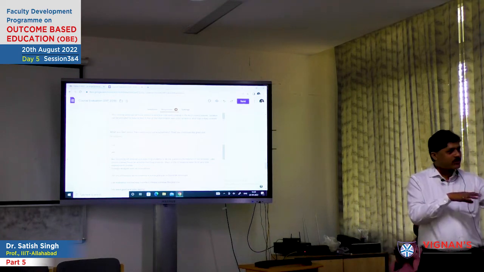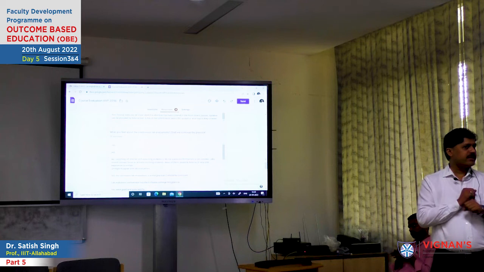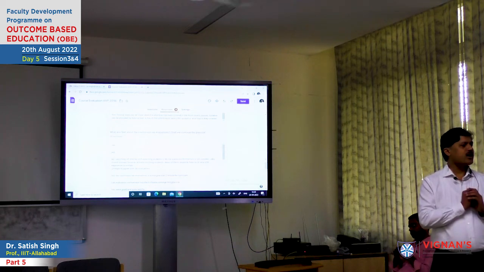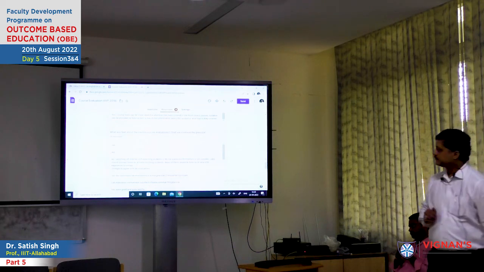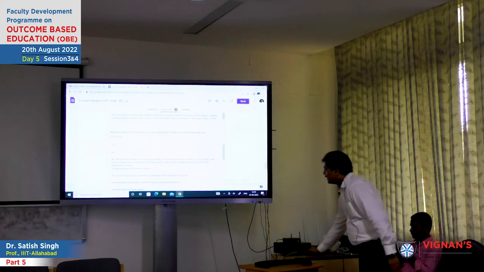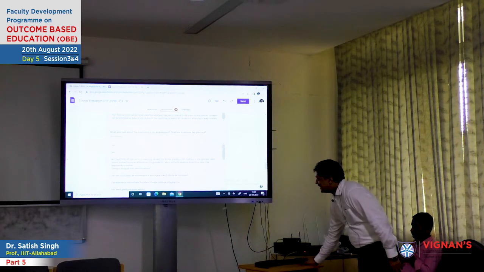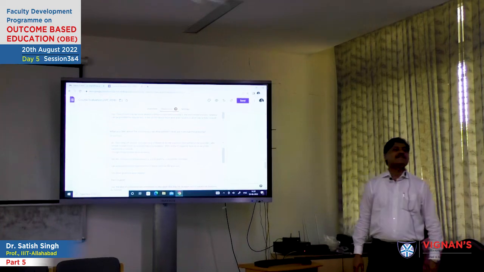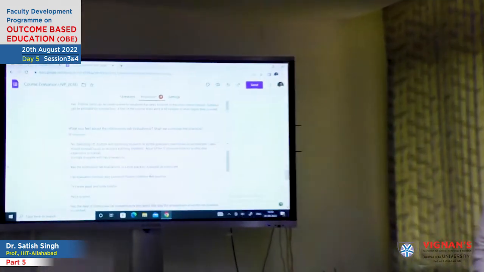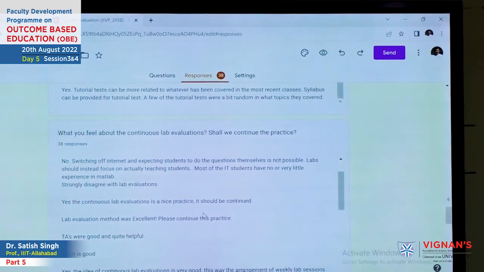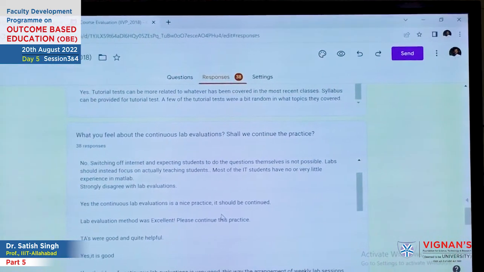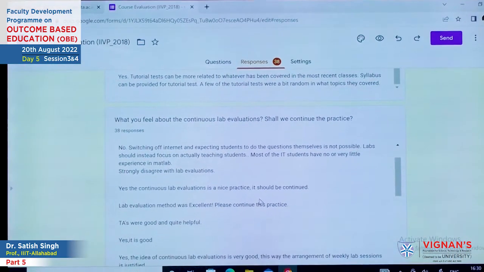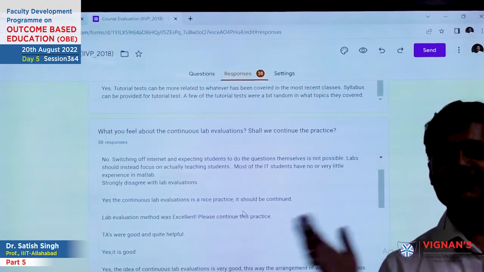So you have to decide what exactly the comments are and how they can be incorporated next time. Switching off internet and accepting students' questions themselves. This is a typical lab duration where they have to put in the effort themselves. In some classrooms, they are having mobiles and using everything.